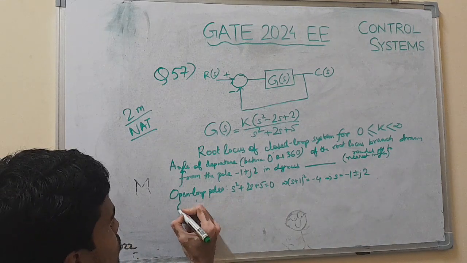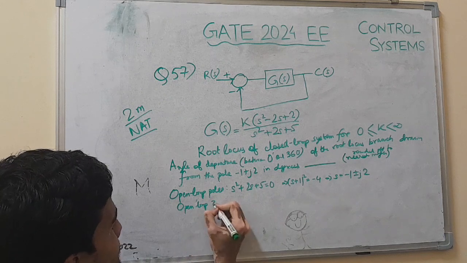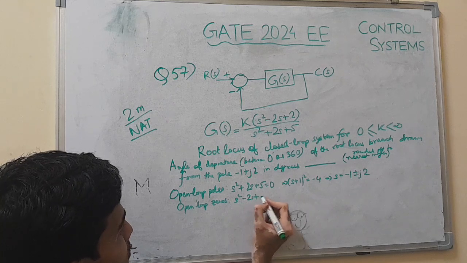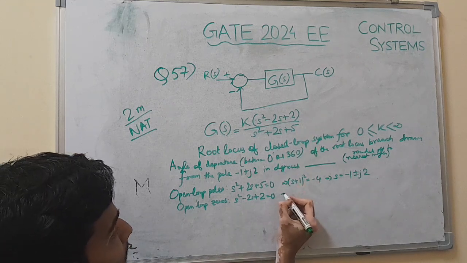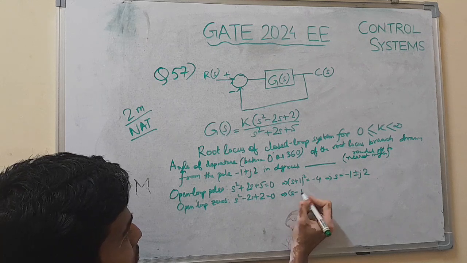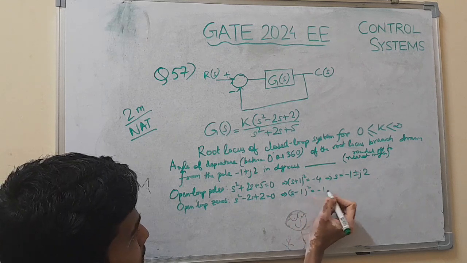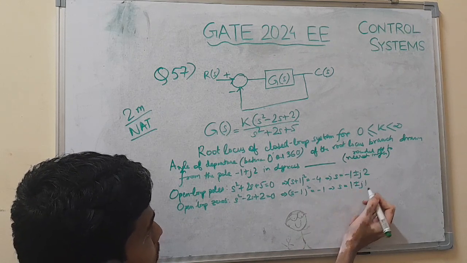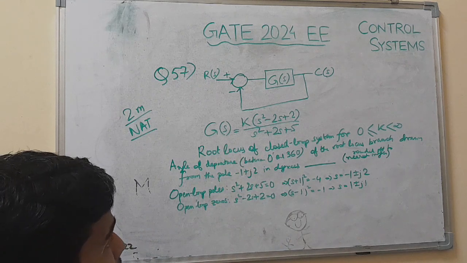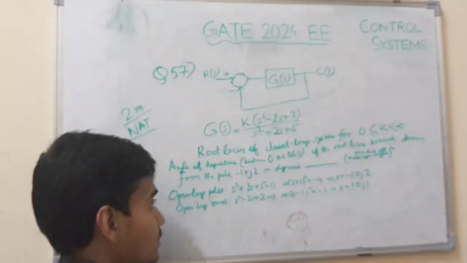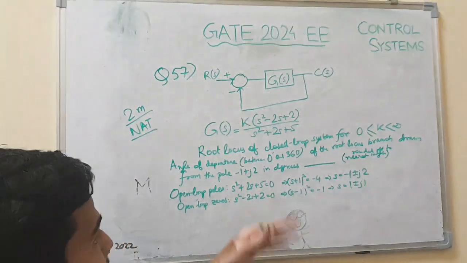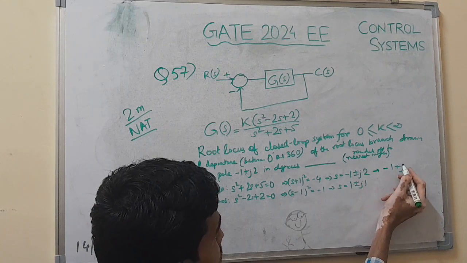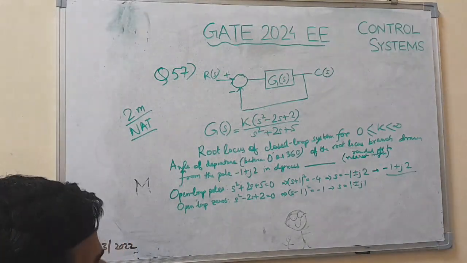And the open loop zeros are given by the numerator s² minus 2s plus 2 equal to 0, so (s minus 1) whole square equal to -1, or s equals 1 plus minus j. So basically these are the open loop poles and zeros. What we will find is the angle of departure at this pole. Taking the plus sign, that is -1 plus j2, we need to find the angle of departure at this pole.